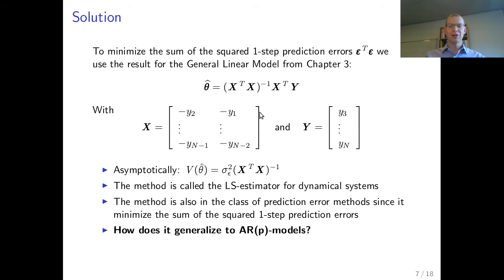So you have a column, you have removed the first row here, and the first value will then be minus y3, and then minus y2, and then minus y1, going down the same way, except that it's n minus 3 for the last column. So everything is the same, you just add an extra column. So it's fairly easy to do for pure autoregressive models.